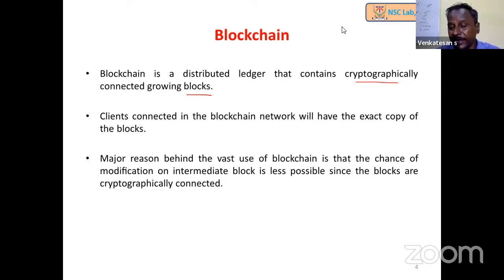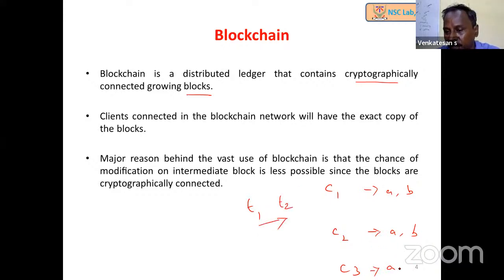However, we cannot say that at any point of time t, all will have the same data. For example, at T1, let's say there are client 1, client 2, and client 3. Client 1 and 2 may have A, B, but client 3 will have only A. But at time T2, which is later in this order, client 3 will also have B. So all of them will have the exact data, however there will be a delay.